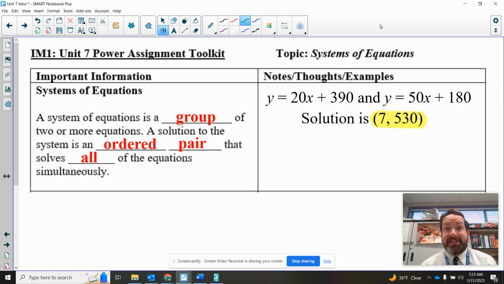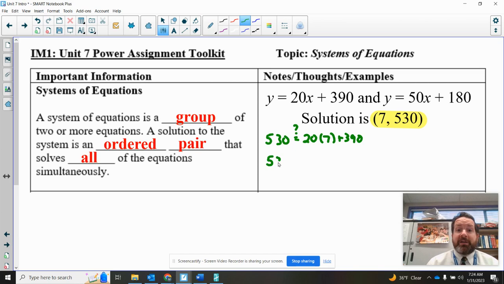Now, actually, we did the check already on the previous page, but I want to write it in here anyway. If this really is the solution, then what I should find is, if I put 530 in for the y, and if I put 7 in for the x, then I should get the same number on both sides of the equal sign.